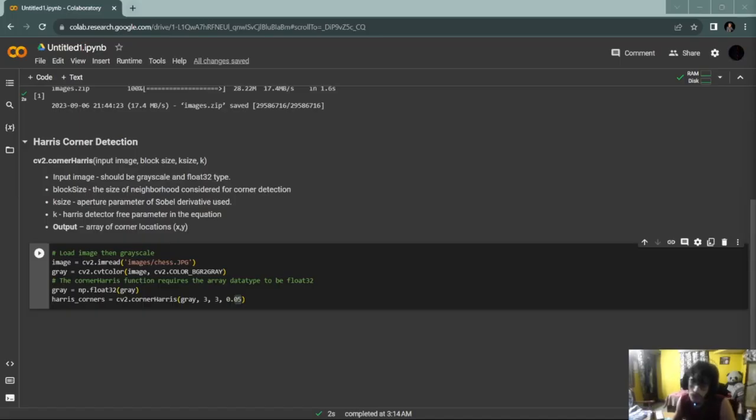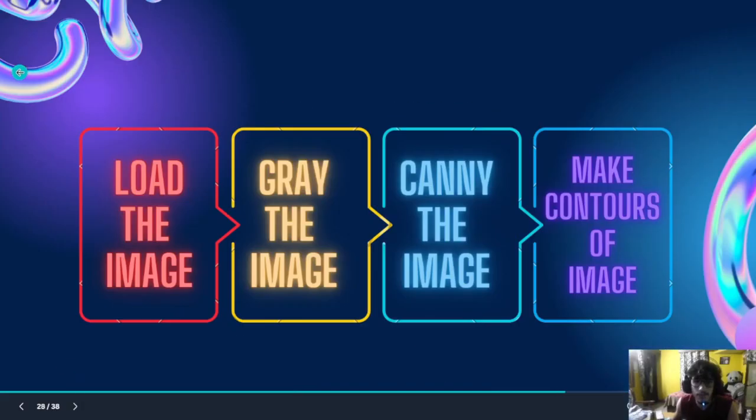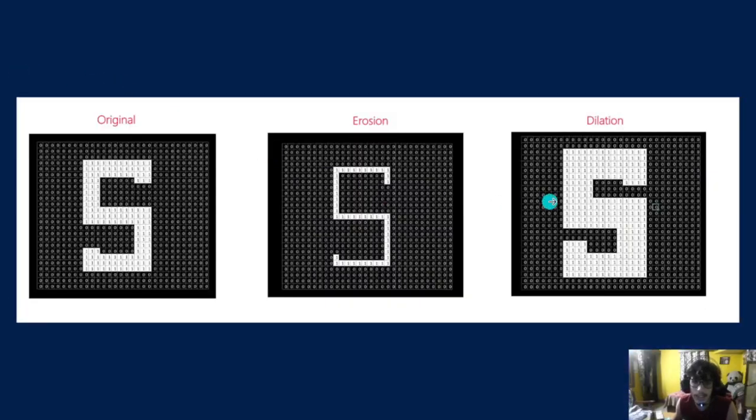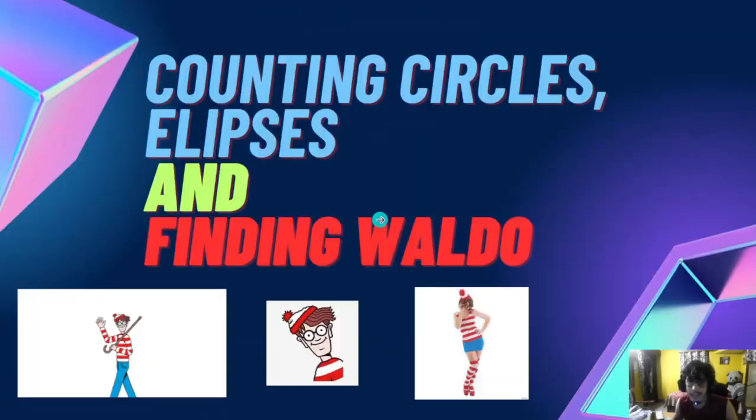To enlarge the corner points, we will use dilation. In the last video I told you what dilation is. In short, this is dilation, increasing the boundary of the corner. So we will perform dilation here.